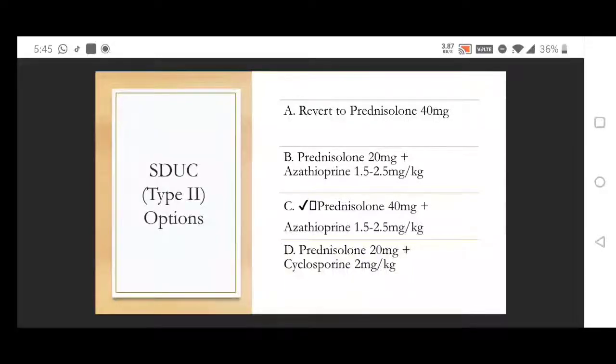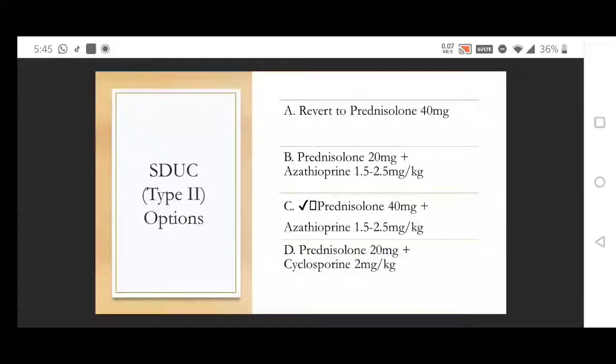If you just go with prednisolone, you would have to have a thiopurine in the form of either 6-MP or azathioprine. Prednisone 20 is clearly not the right option because the dose is much too low.